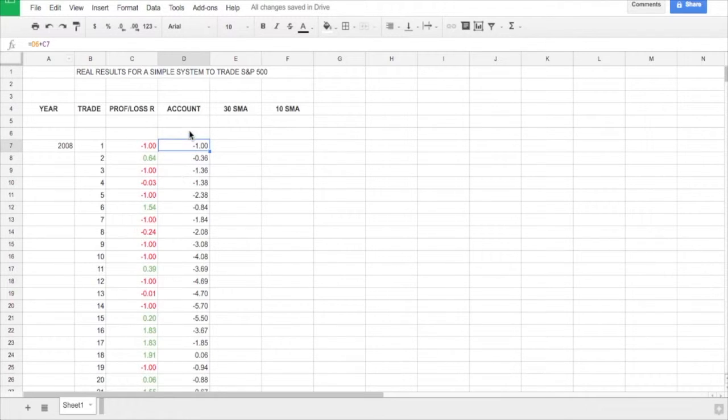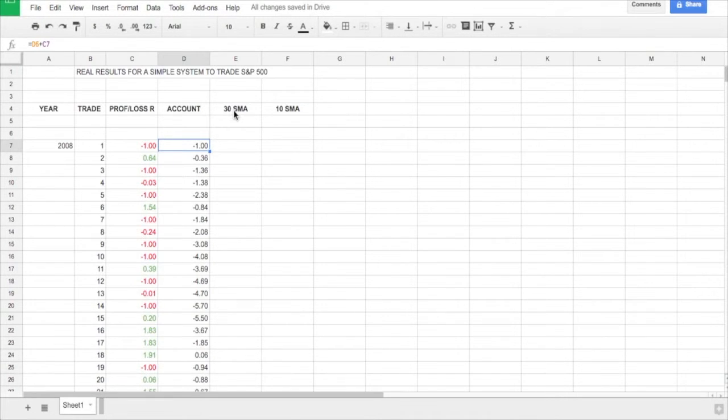So it's the cell prior, or your account balance, what it was before. In this case it would be 0, plus the latest trade, which is here, C7, and we just fill that down, and it just adds each trade in column C to our account, and that gets us our equity.